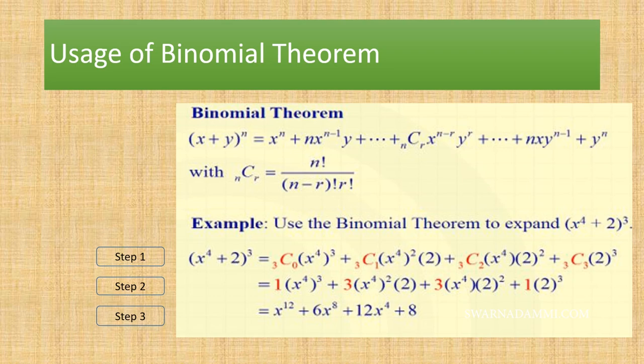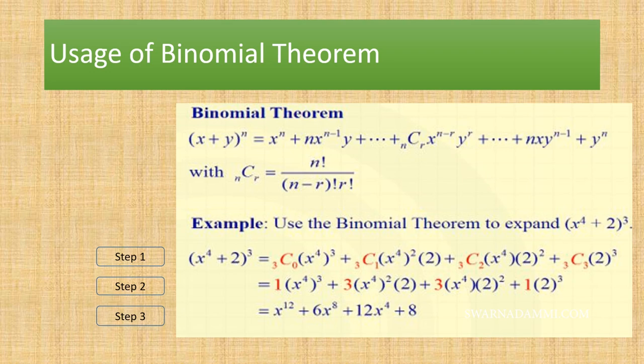Step 2, further we have simplified. What have we simplified first? nCr. By using the formula nCr equals n factorial divided by r factorial times (n minus r) factorial, we have simplified 3C0 as 1.